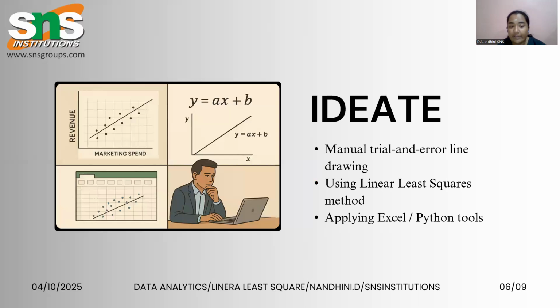Next one, the ideate phase. In the ideate phase, Arjun needs to brainstorm a solution or an approach. That is, what types of models or methods he is using to find the revenue.